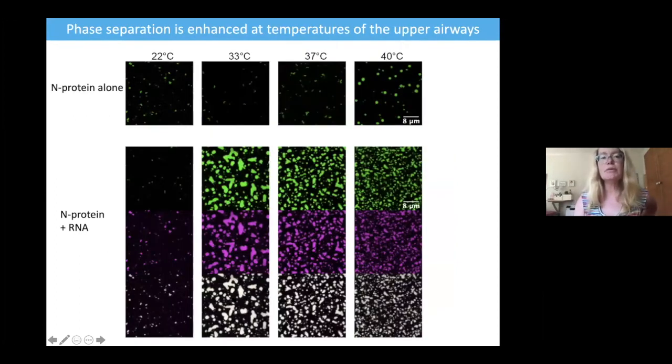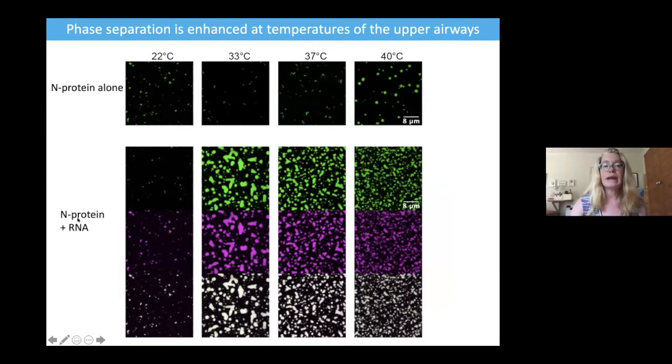And so we did a number of experiments looking at how phase separation of the N protein may actually be temperature dependent. So first we looked at the protein alone, which again undergoes very minimal phase separation, but a little bit without RNA. And we were really struck by the fact that it forms the most robust condensates at 40 degrees.